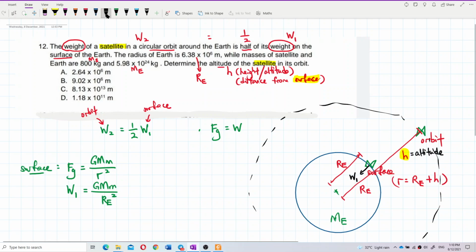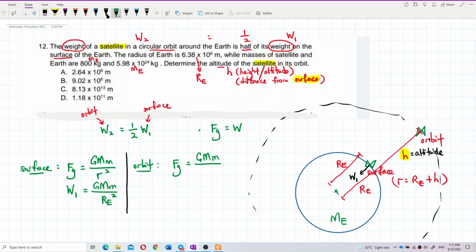Now, make a divider. Now on the orbit, use back the formula. Fg, gravitational force, equals GMm over r square. In the orbit, the gravitational force is W2.